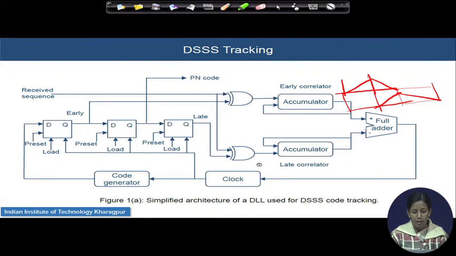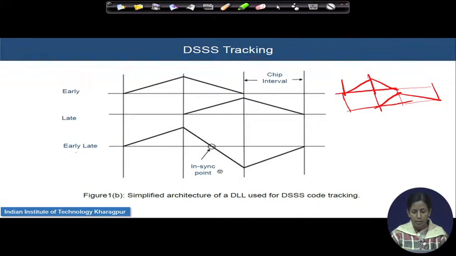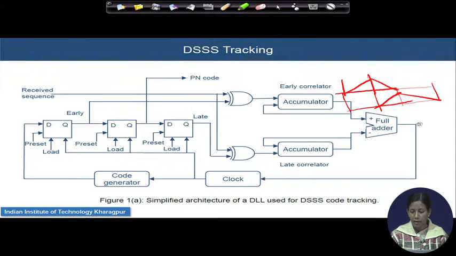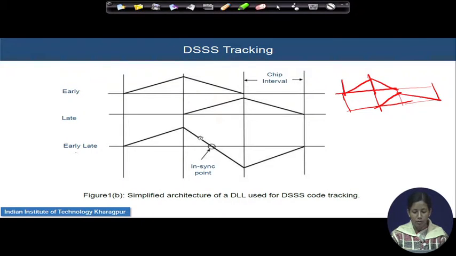But if some extra jitter gets added between them and you are not getting the in sync point, the output voltage of this full adder circuit is somewhere such that you are either here or here.